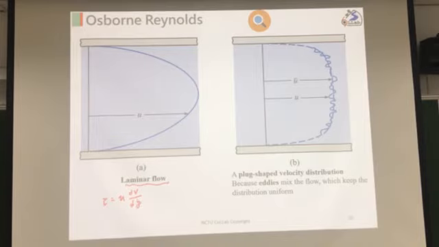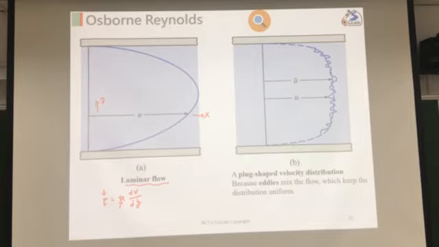We call this shear stress contributed from the viscosity properties. Maybe x is along this direction and this is y, so we know the velocity profile changes along the y direction. That's why we can discuss the shear stress contributed from the viscosity properties.